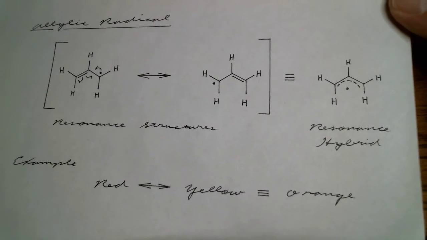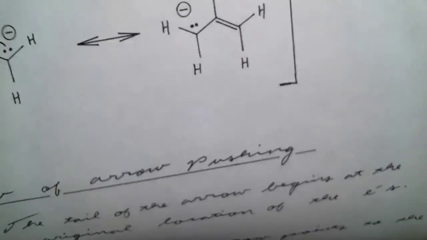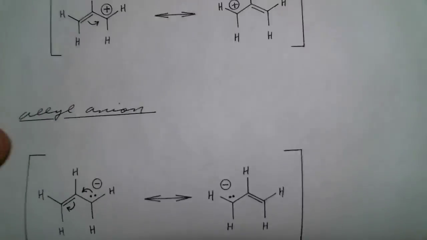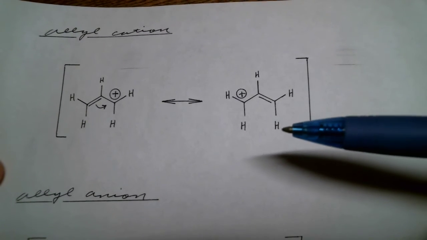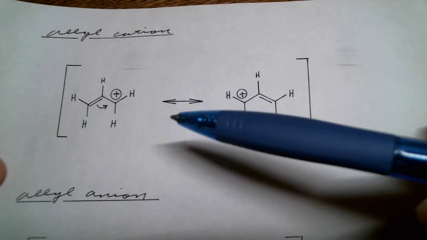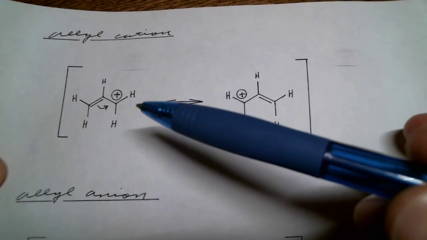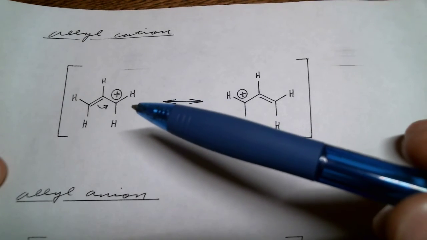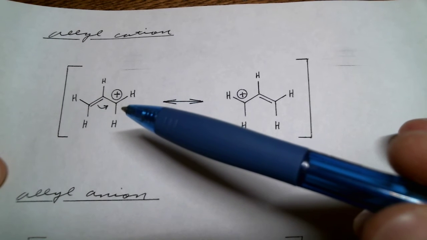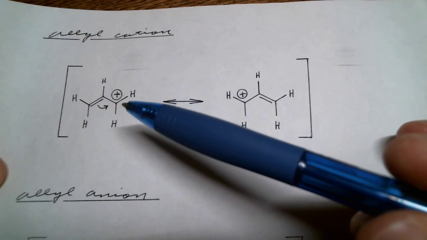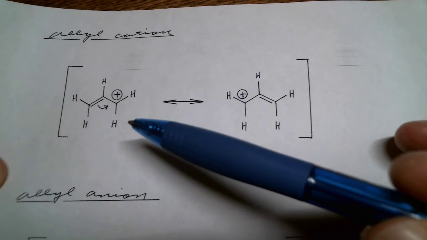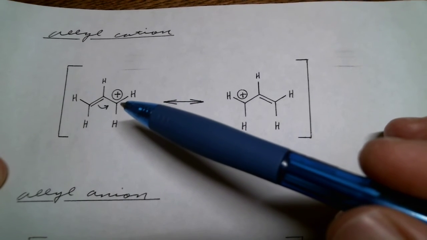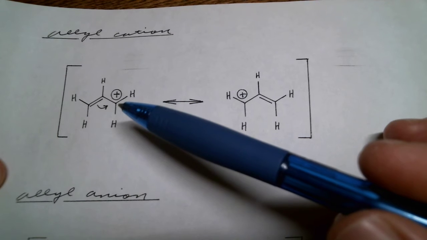So let's continue forward. What if we had taken the hydrogen and its 2 electrons? Well, we would form something called an allyl cation. We'd have an sp2 hybridized carbon, it's trigonal planar, and there's an empty p orbital that I haven't drawn, and of course we get a formal positive charge at that carbon.